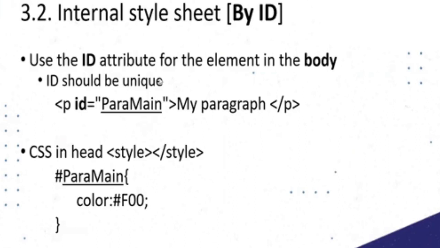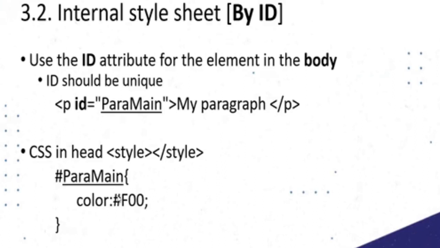Now here I have a para tag, my paragraph, and a clause in that paragraph, right? Now let's say I have 12 paragraphs in my page. Only for 2 or 3 paragraphs, I need to add this different color.